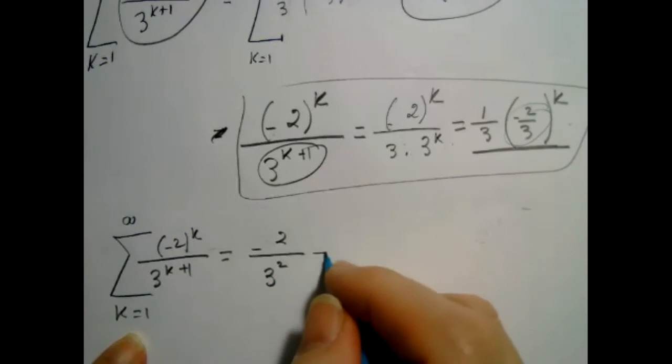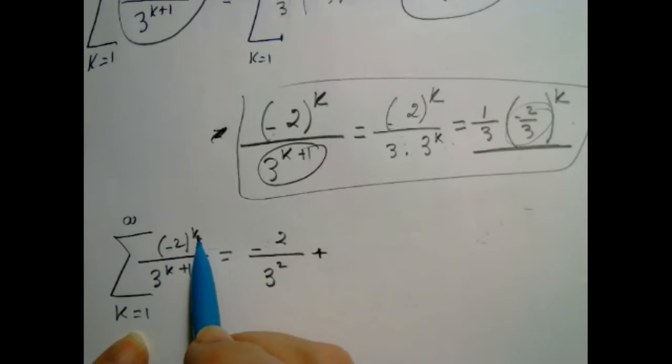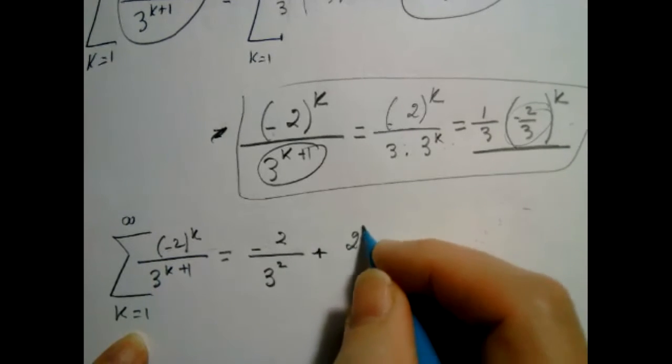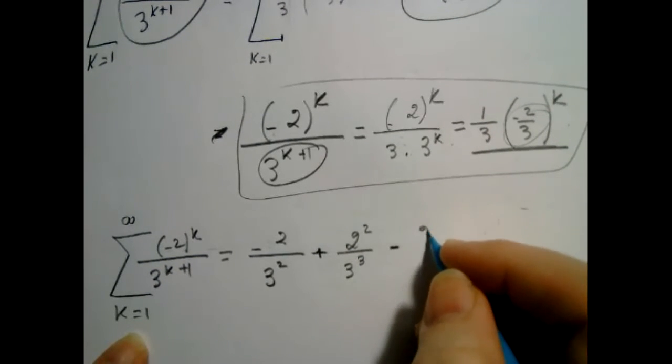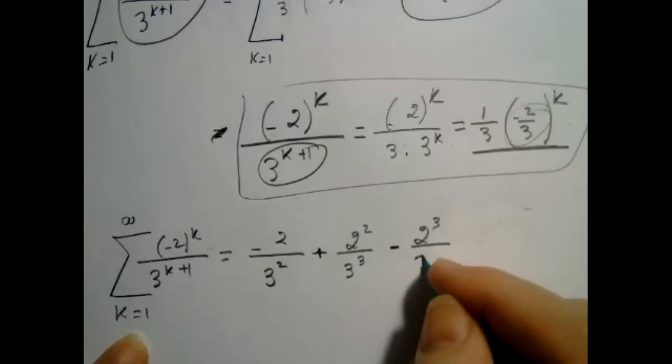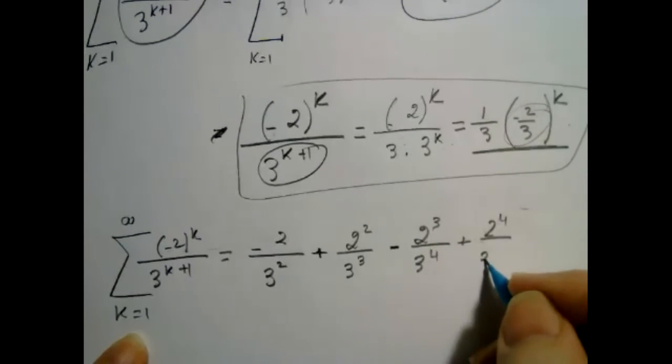For k equals 2, I know that the signs are alternating, so this minus 2 to the power 2 will become positive, and I'm going to have 2 squared over 3 to the power 3, minus 2 to the power 3 over 3 to the power 4, and so on and so forth.